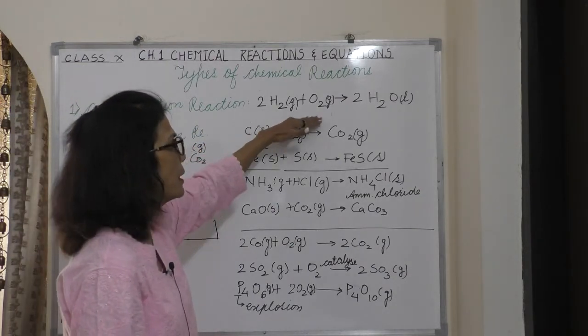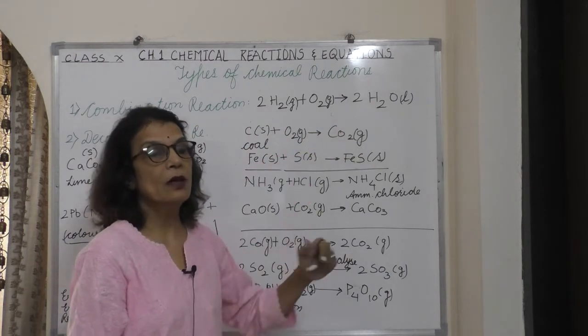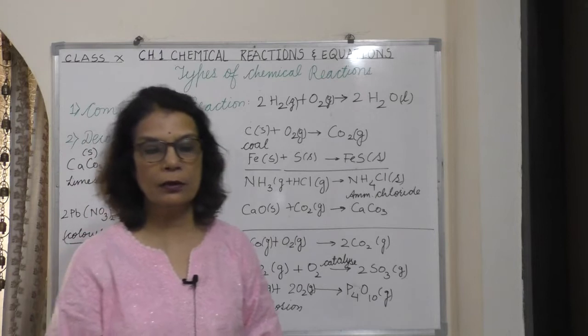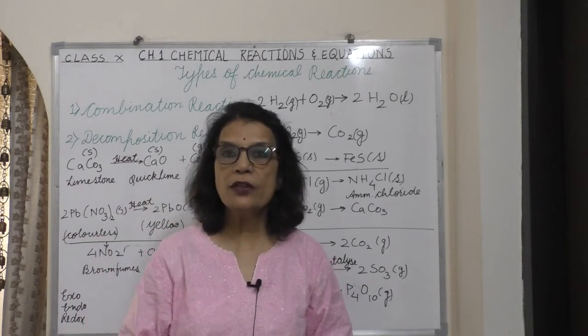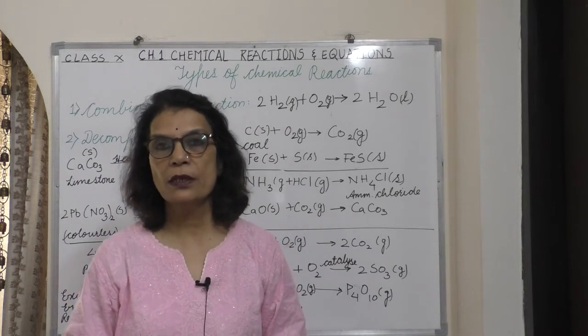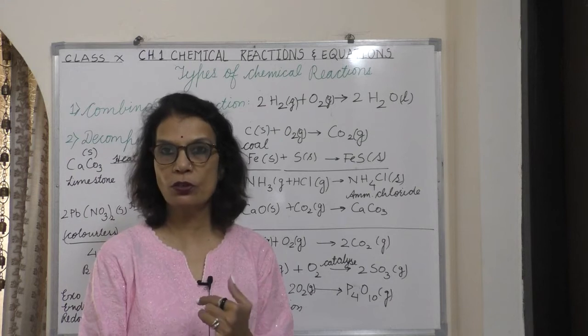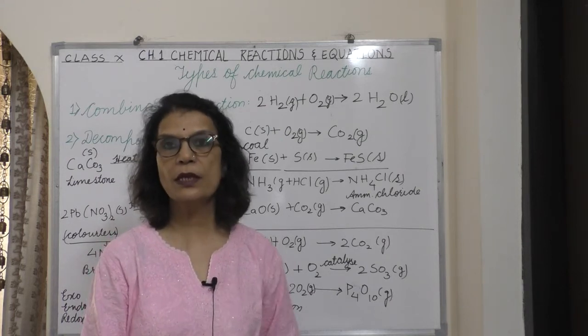They both are reactants, and after the reaction they give you water. Now, as I told you, the identification of any chemical reaction is on the basis of 5 things, like change in state, temperature, formation of precipitates, that is precipitation.